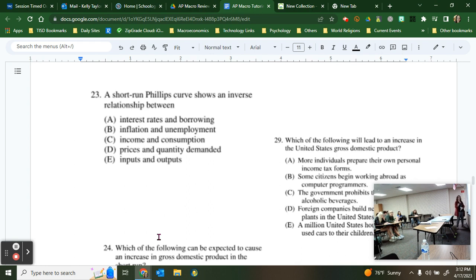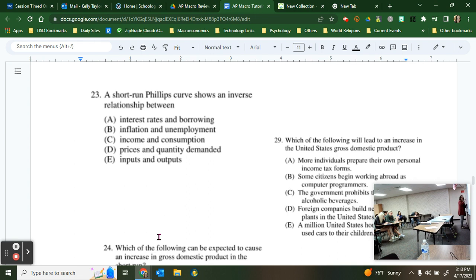Let's off to the side do a quick recap. What creates a movement on the short run Phillips curve? A shift of AD. So when aggregate demand increases, it's a movement. Up or down the Phillips curve? Up. Okay, a movement up the short run Phillips curve.